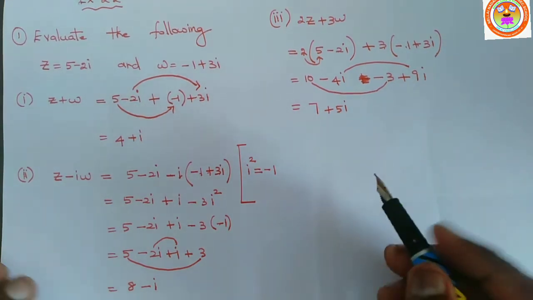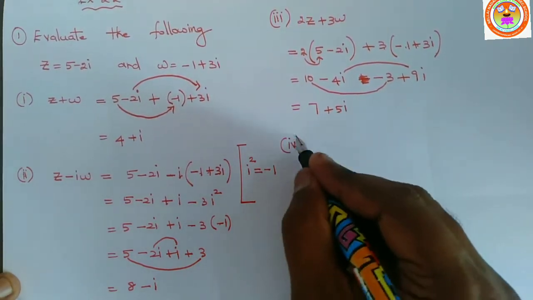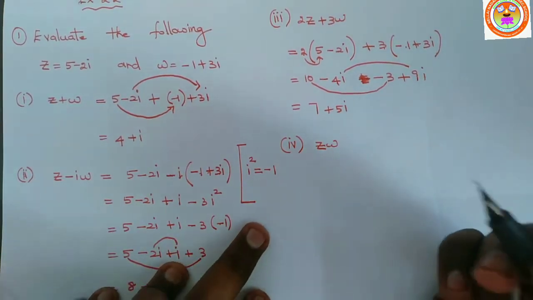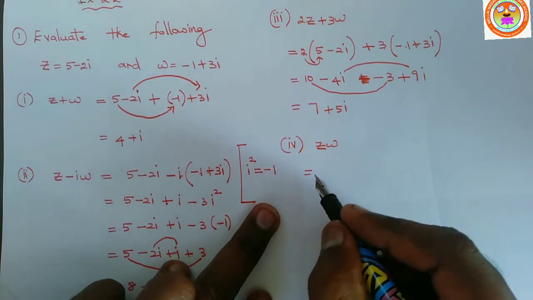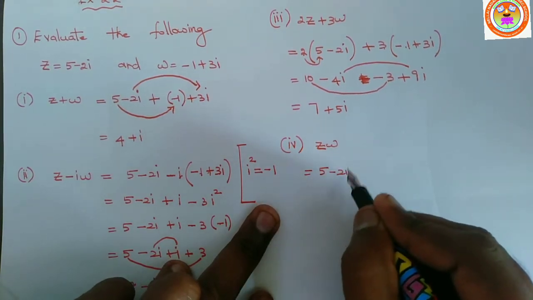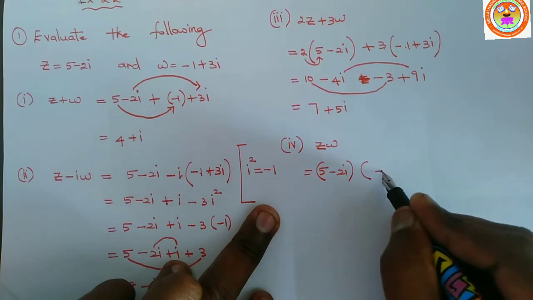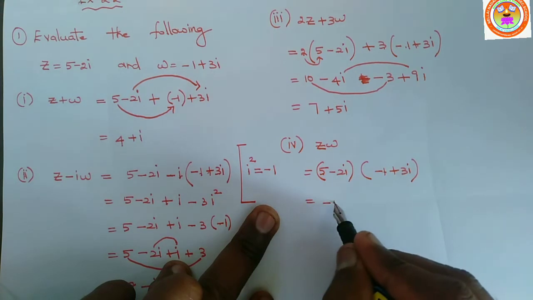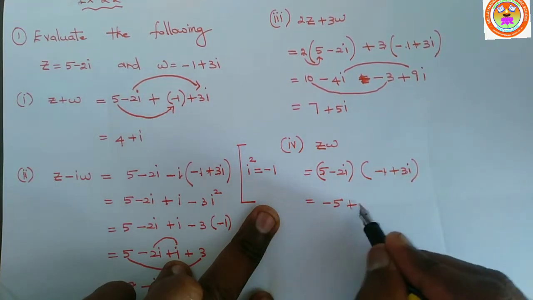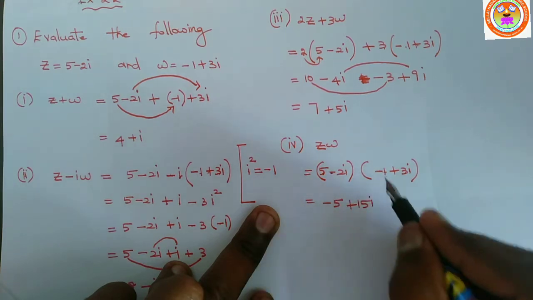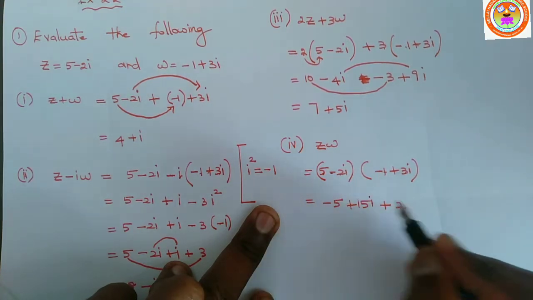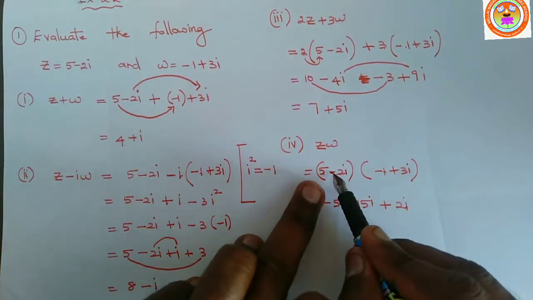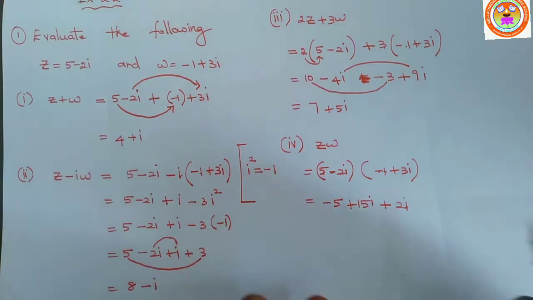This is a proper form, real and imaginary. Next, the fourth subdivision is z into w. Multiplication of two complex numbers is just the same as algebraic multiplication. 5 minus 2i is multiplied with minus 1 plus 3i. So 5 into minus 1 is minus 5. 5 3s are 15i. Minus into minus plus 2i into 1 is 2i.